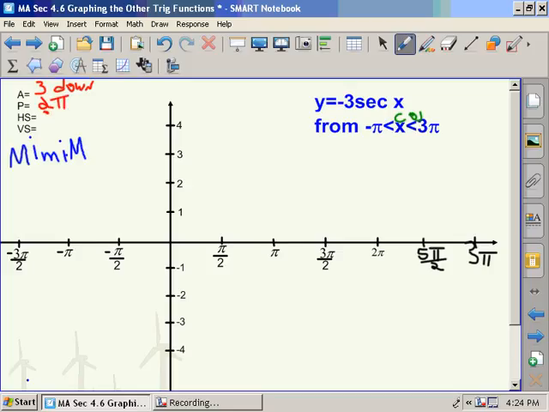And we see it has no shift, that was a 0, but it didn't draw it. Okay. Starting at 0, we have a maximum of 3, but it's down. So we're starting here at 2 pi. We also have that minimum of 3.